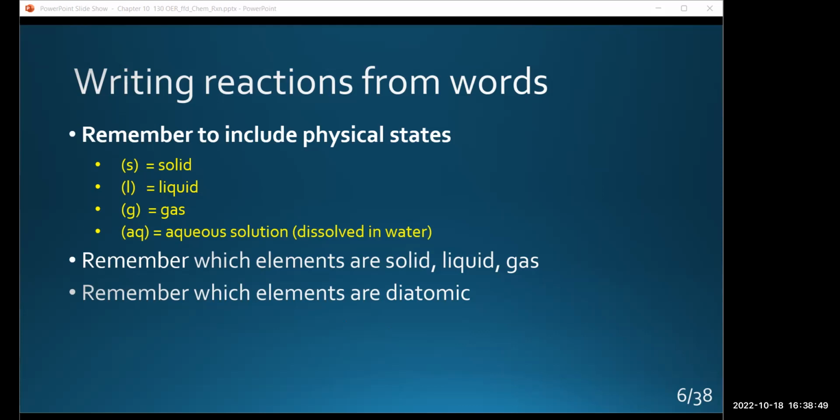So if you write it down like you read it, hydrogen in the presence of oxygen used to give you water. Well, we got a problem with this because we know that hydrogen is diatomic, okay? And we know that oxygen is also diatomic. So it would be correct to write it down as H2 and not hydrogen by itself. Okay, so we're going to remember the diatomic.